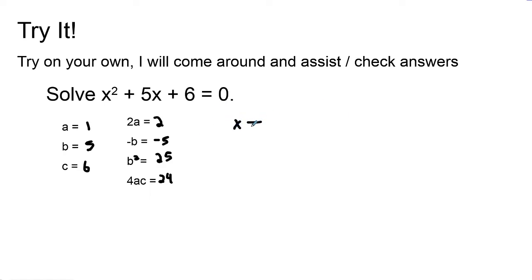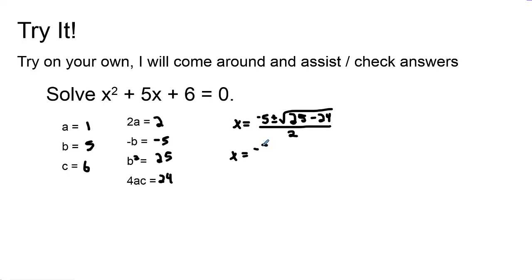So x is equal to negative 5, so negative b, plus or minus the square root of 25 take away 24, divided by 2. So I'm going to simplify what's underneath the square root symbol.